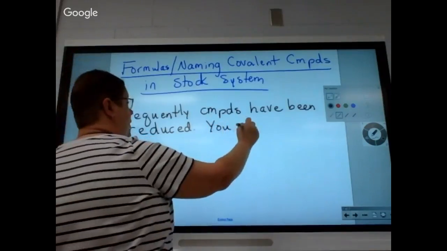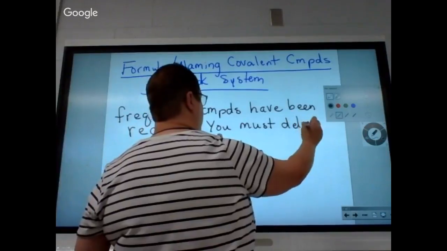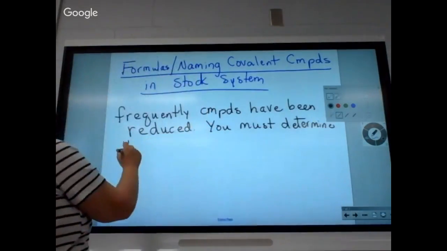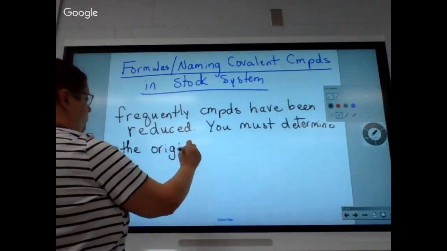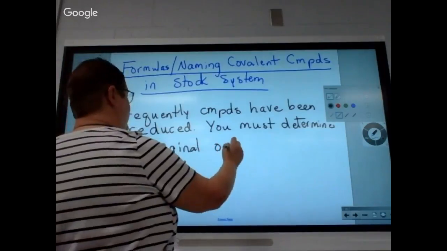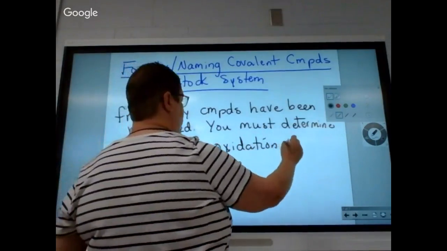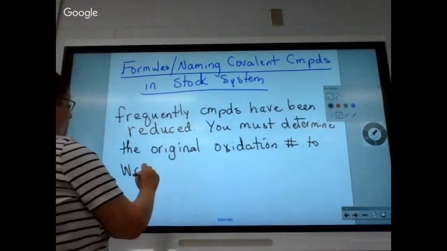You must determine the original oxidation number to write the name.